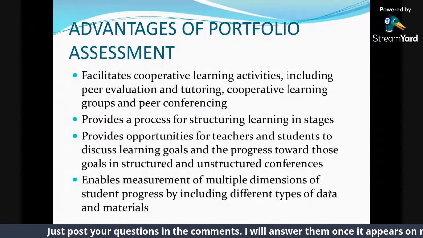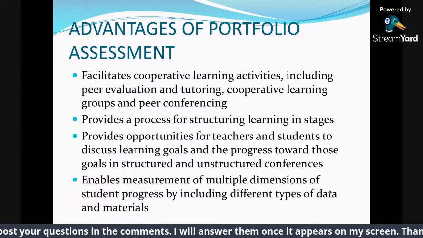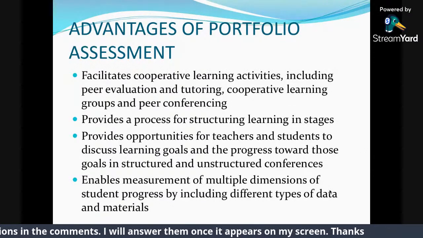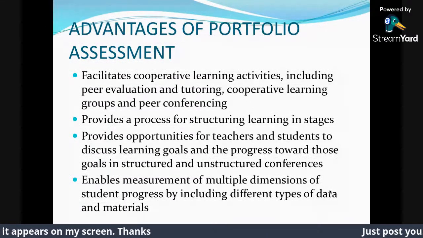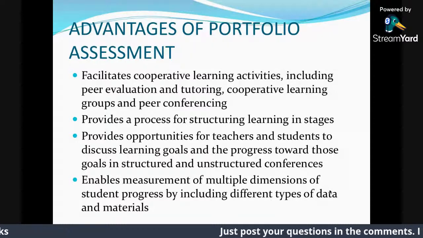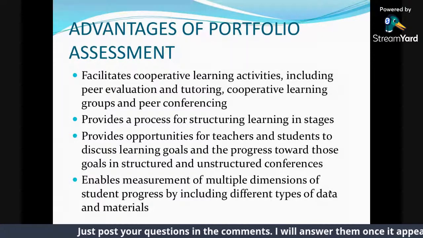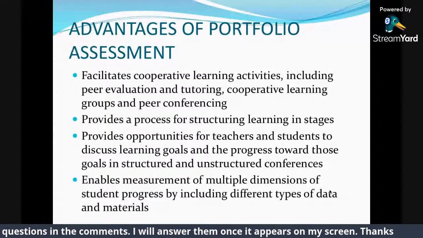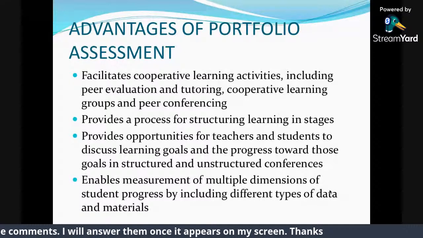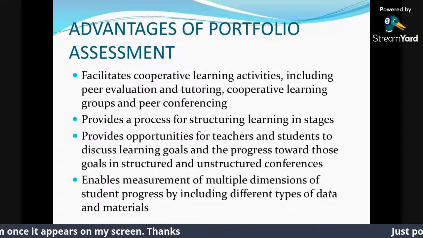Enables measurement of multiple dimensions of students' progress by including different types of data and materials. So mas pag pinag-usapan natin tong portfolio assessment, maraming way na maipakita ng estudyante yung kanyang natutunan. Okay? Hindi katulad sa paper and pencil test na kapag hindi mo ma-memorize, kapag hindi mo maalala yung sagot, okay, ay mahihirapan ka na.